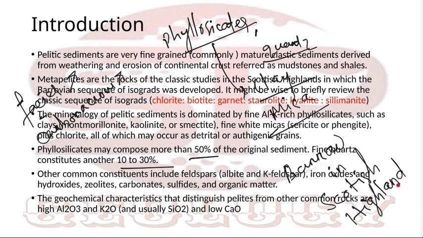He found that these minerals, chlorite, biotite, garnet, staurolite, kyanite, sillimanite, appear at particular temperature and pressure conditions. So we can take these minerals as characteristic of that grade of metamorphism.